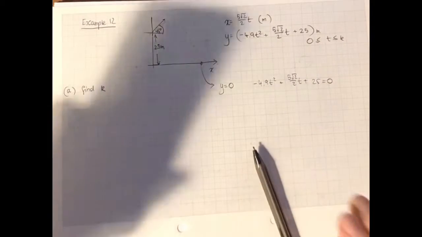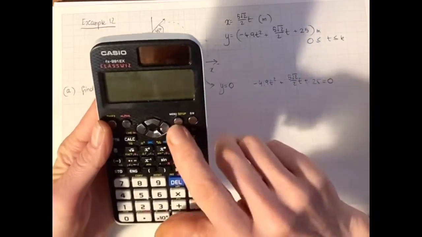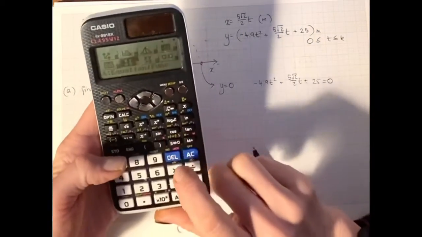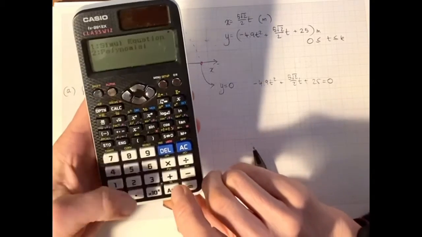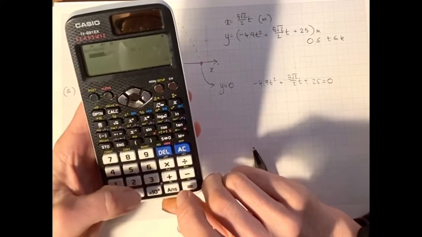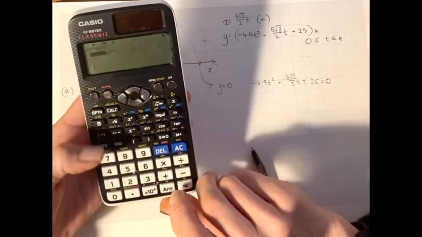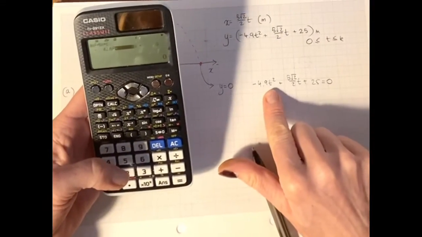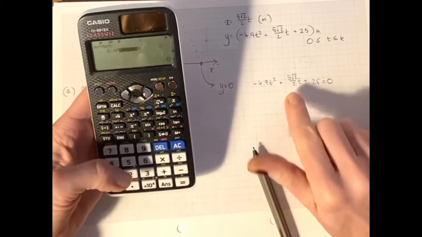Now with modeling equations of this nature, you're perfectly fine to use your quadratic solver, which is a polynomial of degree 2. Substitute the coefficients. So minus 4.9 is the coefficient of t squared in the question.